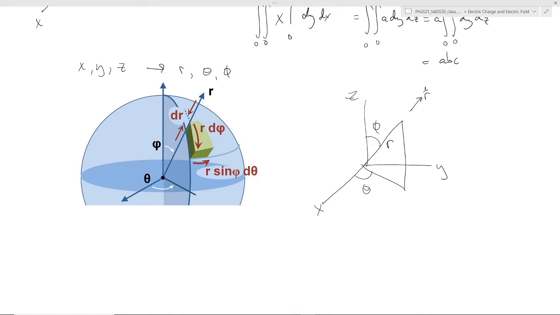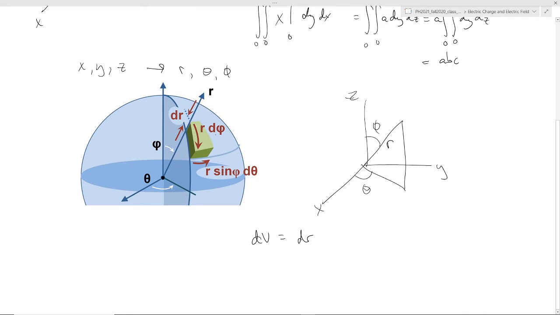The thing I want to point out is this little depiction here of the volume element. The volume element is more complicated in spherical coordinates. In r, there's a factor of dr. But in the phi direction, notice it goes like r d phi.